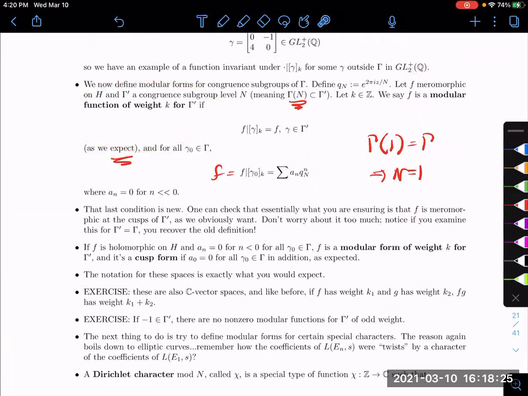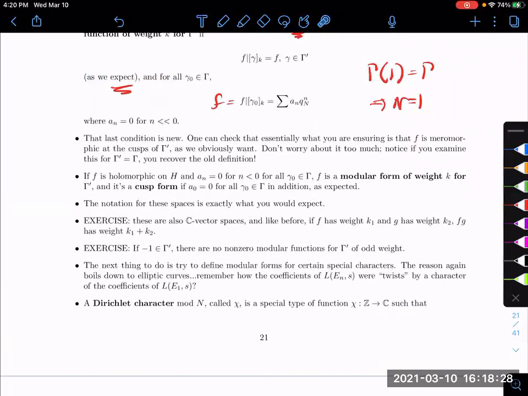What about modular forms and cusp forms? Well, those are just exactly what you expect them to be. A modular function of weight k will be a modular form if it's holomorphic on the upper half plane and there are no negative index terms in the power series, just like for the full group.